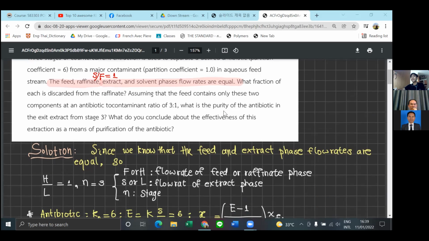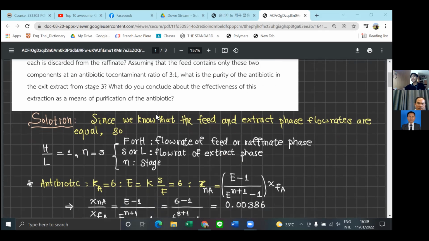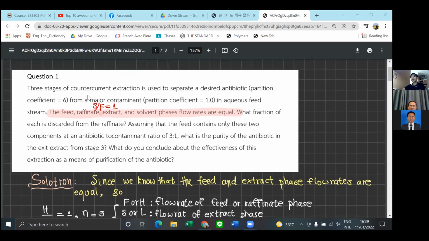So the question is, they want to know the purity level after they extract the antibiotic from the contaminant. And they also ask, is it good to do this antibiotic extraction with a countercurrent of three stages?